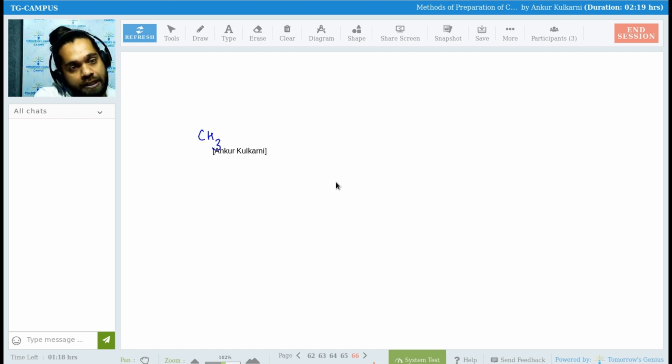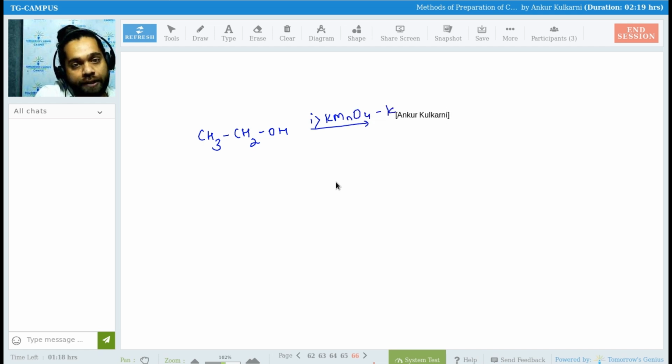suppose I have CH3CH2OH. Okay, CH3CH2OH. And if I use KMnO4 KOH, in the alkaline medium. Now just now I told you, Sasidaran, yes, it will give you acid, but since it is a basic medium, what we will get?